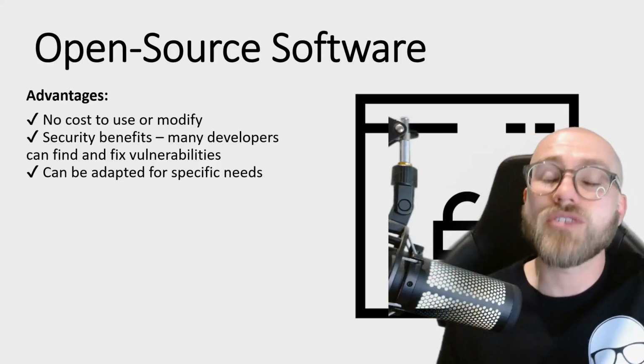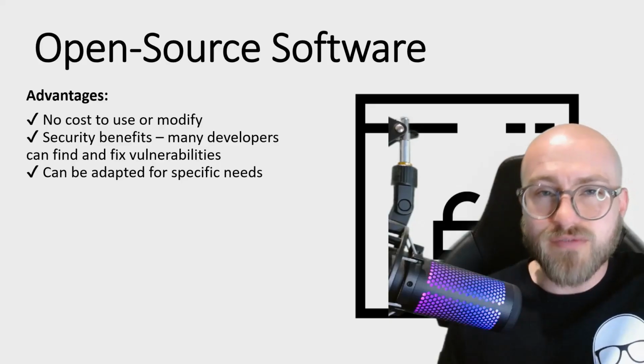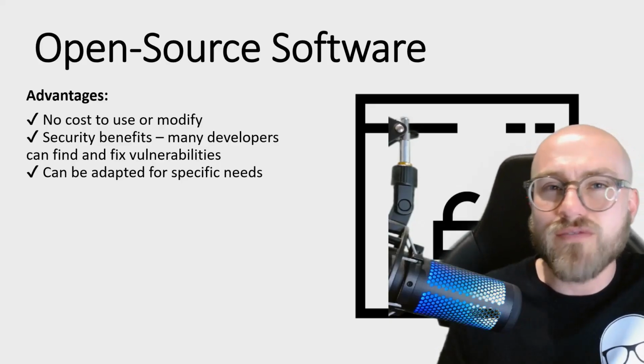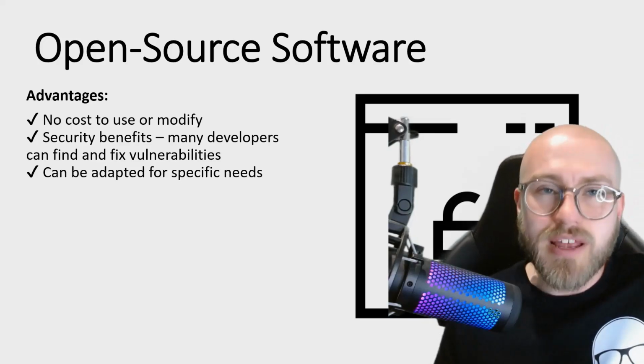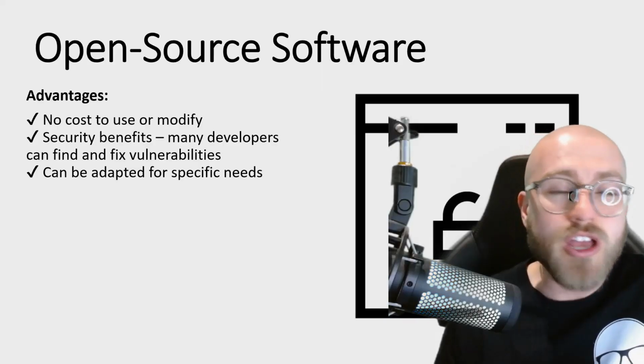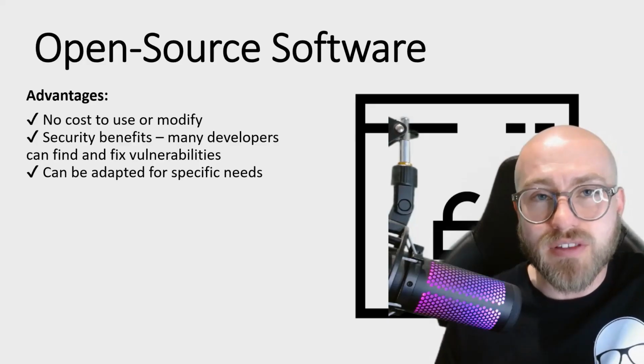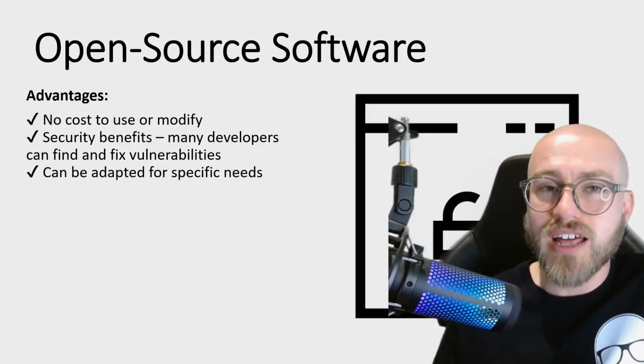It generally has lots of security benefits as well because the different developers that are using it will find fixes and develop it further and fix any vulnerabilities. And as I mentioned, you can adapt it for your specific needs. So if you work for a company and you need to make an adjustment to fit the needs of the business, then you're allowed to under that license.